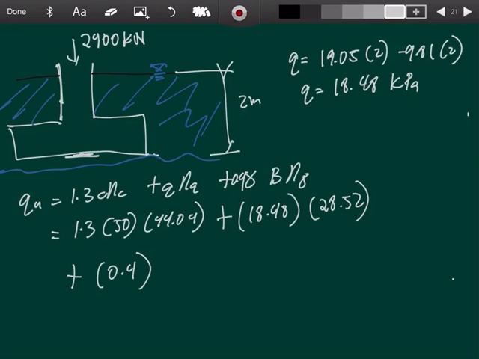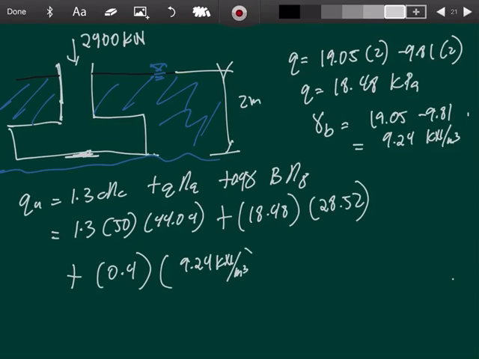Ang gagamitin nating gamma, yung effective gamma dito, that is the gamma buoyant. 19.05 minus 9.81. Ano yun? That is 9.24 kilonewton per meter cube. So, we're going to substitute 9.24 kilonewton per meter cube. B times N gamma, that is 26.87.